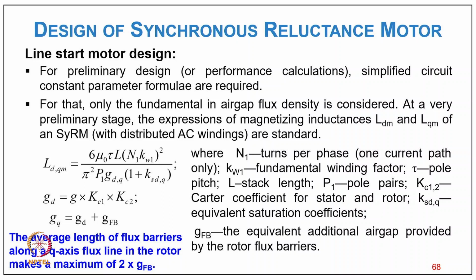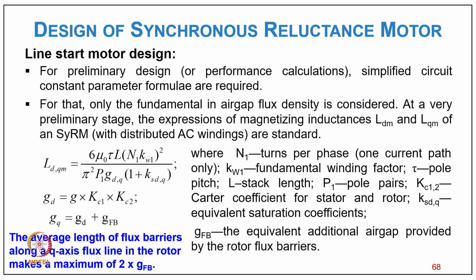The expression for magnetizing inductance LdM, LqM of a synchronous electric motor with distributed AC winding: LdqM equal to 6 mu 0 tau L N1 Kw1 square divided by pi square p1 gdq, in bracket 1 plus Ksq, where gd equal to g into Kc1 into Kc2 and gq equal to gd plus gFB, where N1 is the turns per phase, one current path only, Kw1 fundamental winding factor, tau is the pole pitch, L is the stack length, p1 is pole pairs, Kc1, Kc2 Carter coefficients for stator and rotor, Ksq is the equivalent saturation coefficient, and gFB is the equivalent additional air gap provided by the rotor flux barrier.